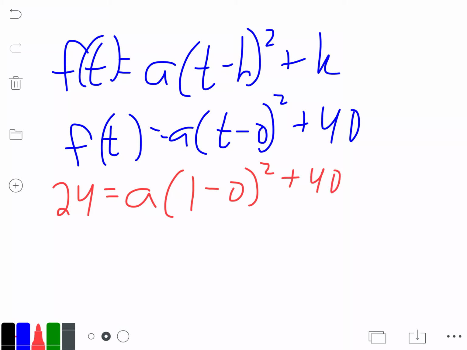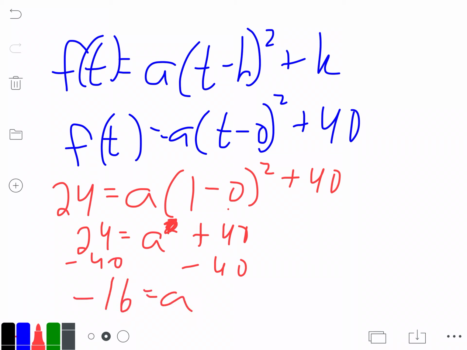So now, since a is the only variable, that's what you have to solve for. So it's going to be 24 equals a times (1 minus 0), which is 1, squared is 1. So a plus 40. And then minus 40, negative 16 equals a.